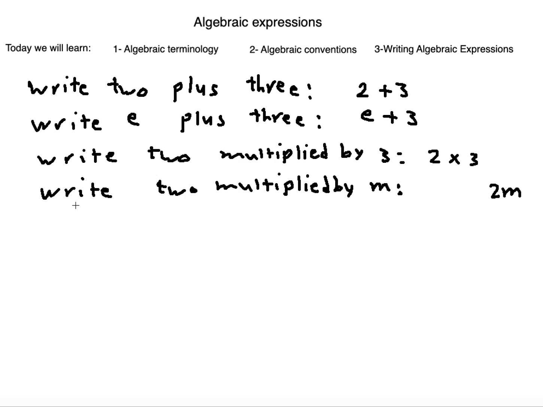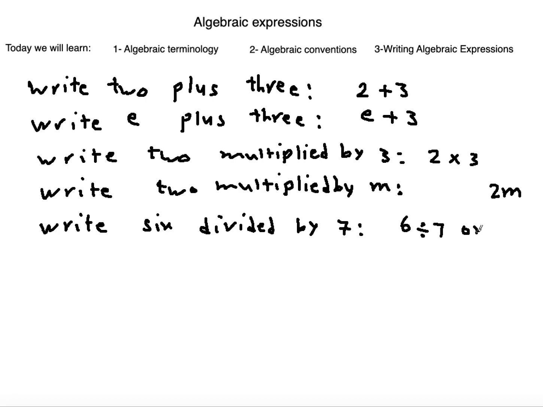So we write it that way, not this way. All right, if they told us write 6 divided by 7, we write it 6 divided by 7, or 6 over 7, because a fraction is the same as division.